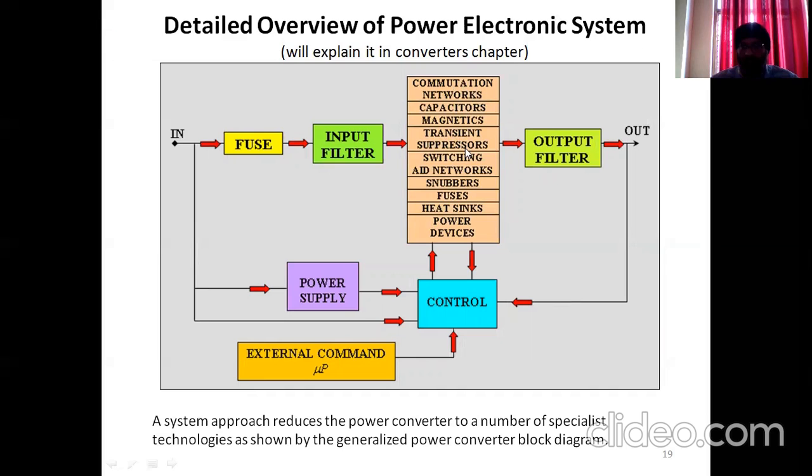We'll see what is transient and then how to suppress these. Switching aid networks, snubbers. We'll see why we need snubbers. These are all protective elements. Supporting elements are for protection or for controlling the switching on and off of the switches, to control the switching and to protect the switches. So these are the supporting components.